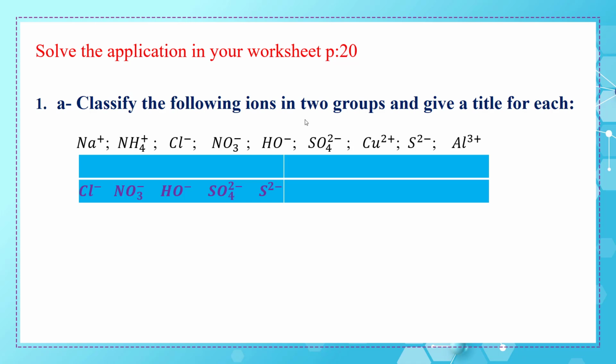So obviously we can take a group of ions that have negative charge alone and a group of ions that have positive charge alone. As we know, the ions that are negatively charged are called anion, whereas the ions that are positively charged are called cation.